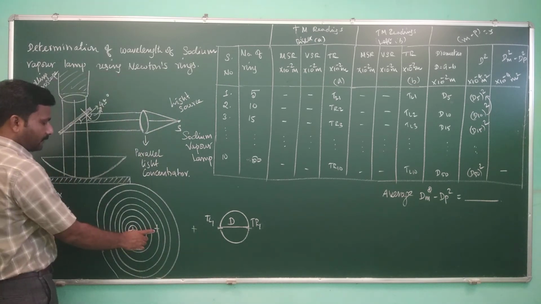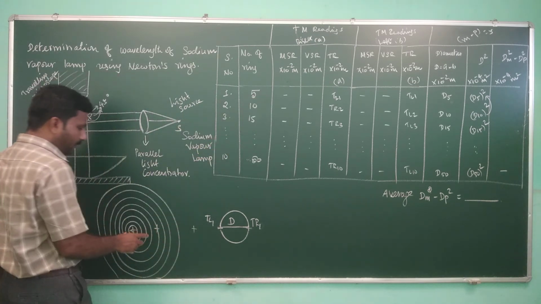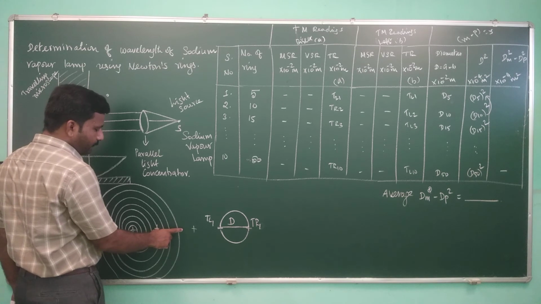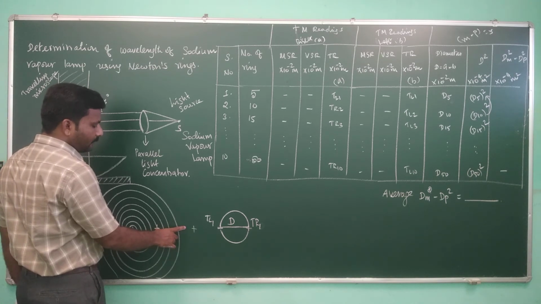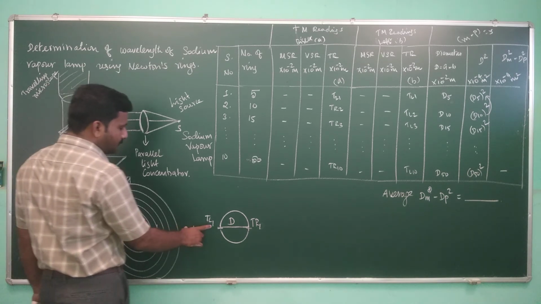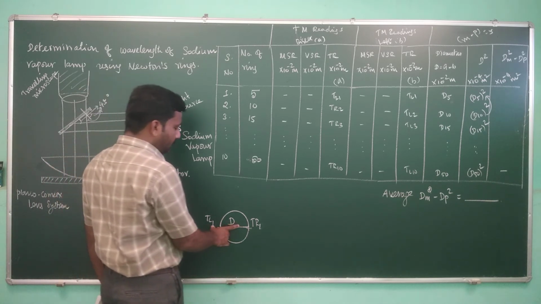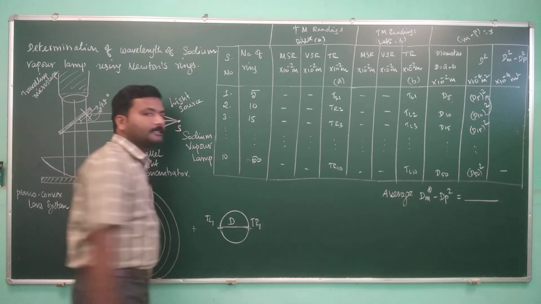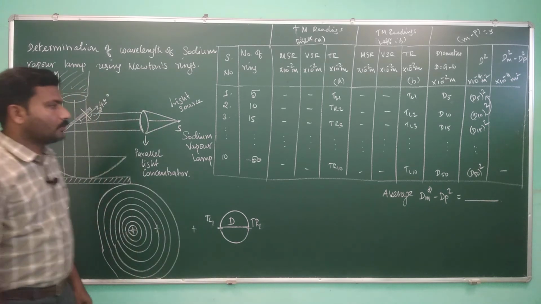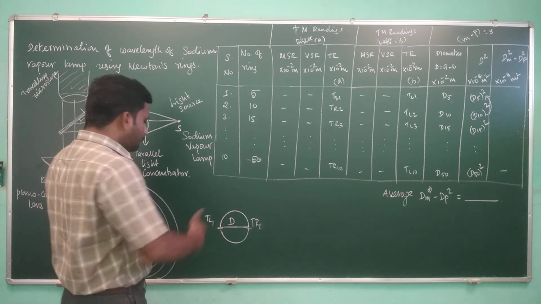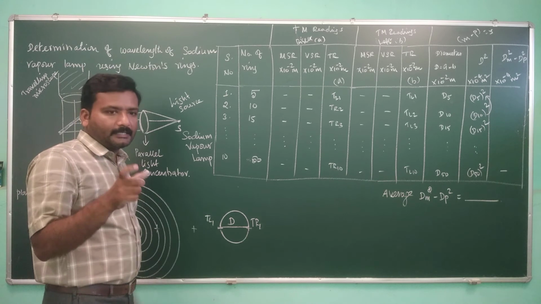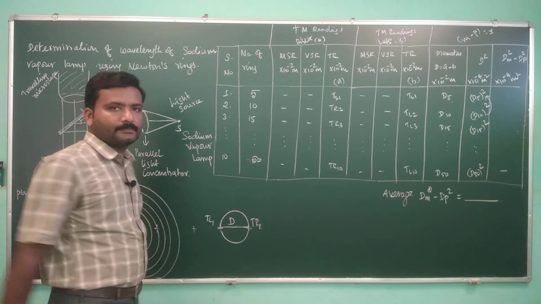That is, the first difference will give you the difference in the diameter of the 5th and 10th ring, the second reading will give you the difference in the diameter of the 10th and 15th ring, and the third reading will give you the difference in the diameter of the 15th and 20th ring, and so on. So if you take the average, you will get the average differences of the diameters of 5 rings.